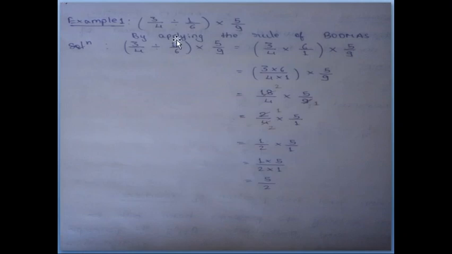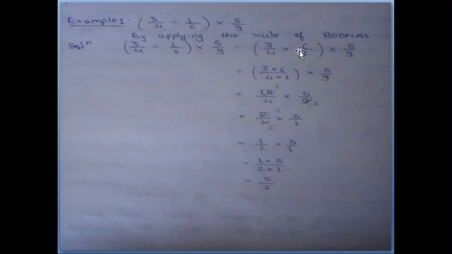So for example, 3 by 4 divided by 1 by 6 into 5 by 9. So by using the rule of BODMAS, 3 by 4 divided by 1 by 6 into 5 by 9 is equal to... Here first we will perform the division.